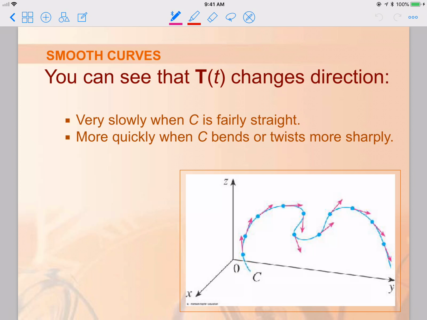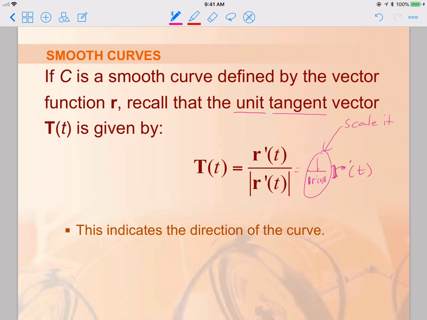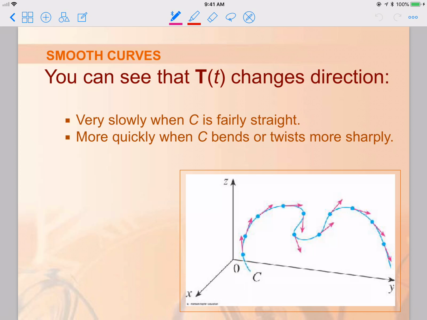That formula allows us to see when our curve is curving, if you will. As that unit tangent vector changes direction, we can look and see. Notice here we've got the tangent vectors, but we've made them all length 1. They change direction very slowly when C is fairly straight.